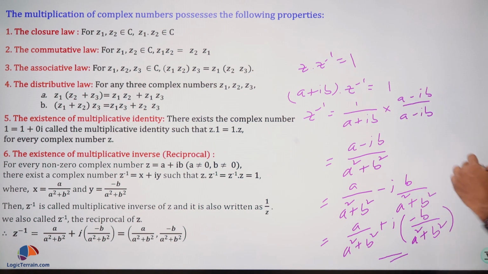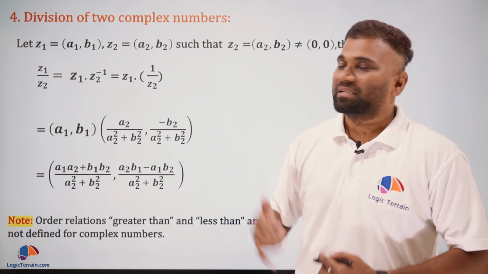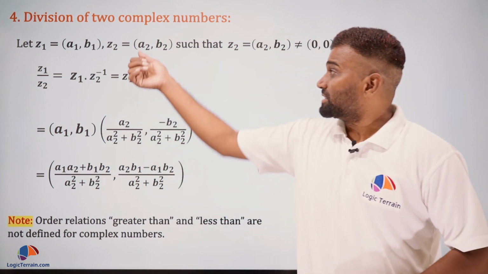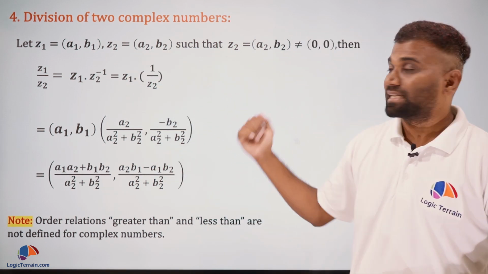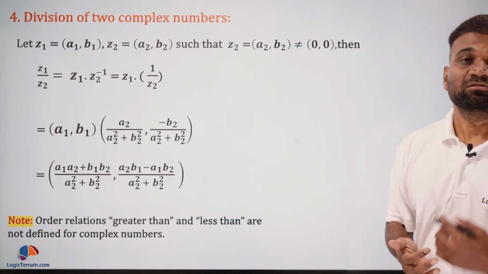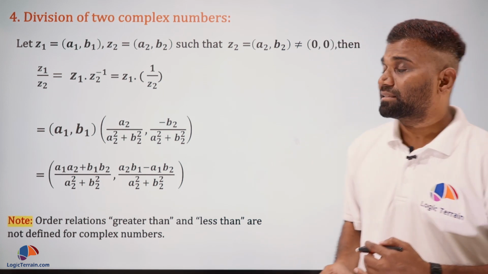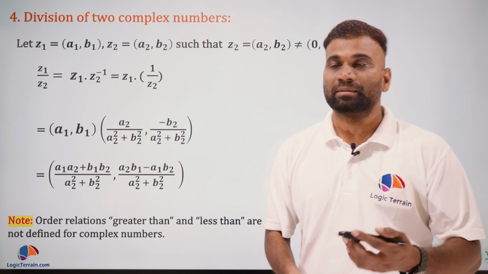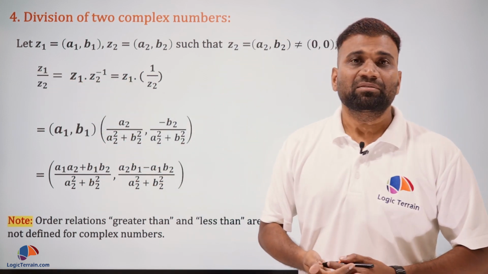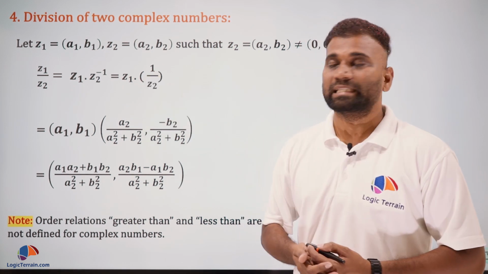Now we will discuss the final algebraic operation, division of two complex numbers. Let z1 = (a1, b1), z2 = (a2, b2) such that z2, that is (a2, b2), is not equal to (0, 0), which means the denominator should not be a zero complex number; only then is division possible. z1/z2 is equal to z1 into the multiplicative inverse of z2, the same as z1 into 1/z2.